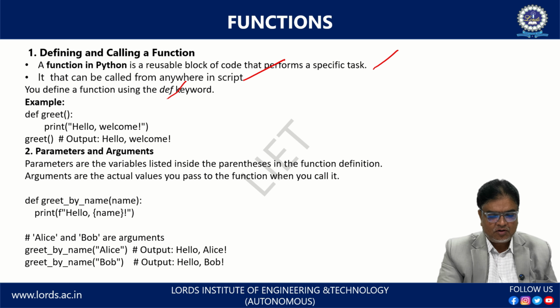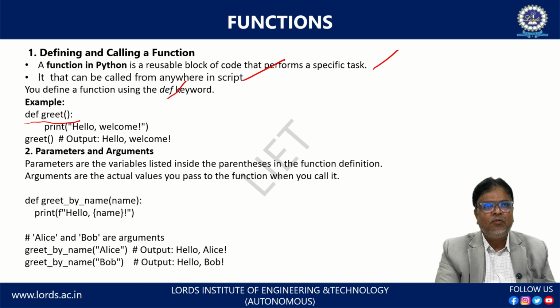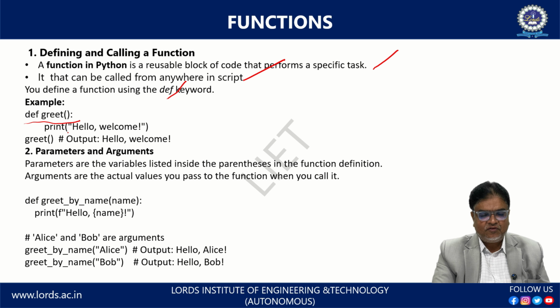In the example, def is the keyword for creating a function. Then greet is the name of the function. After that we have the print statement we have written in the function. Then we are calling this function, and we are getting this output, hello, welcome.